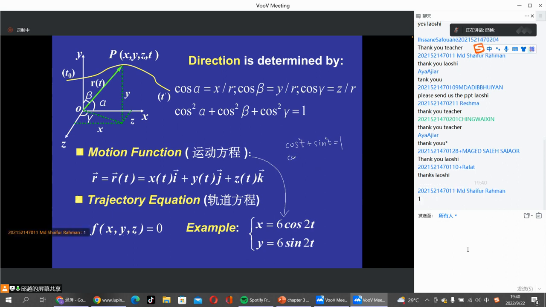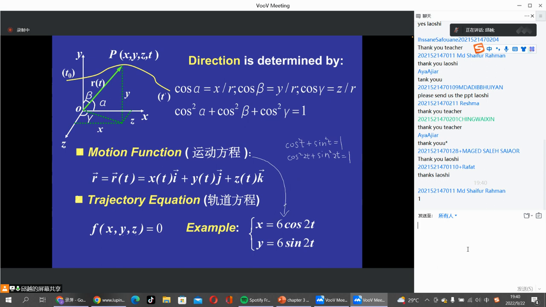So cosine 2t squared and sine 2t squared equals what? It equals 1.